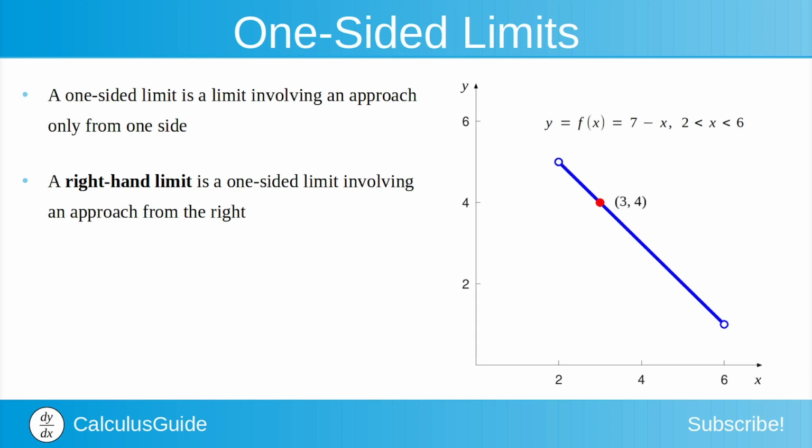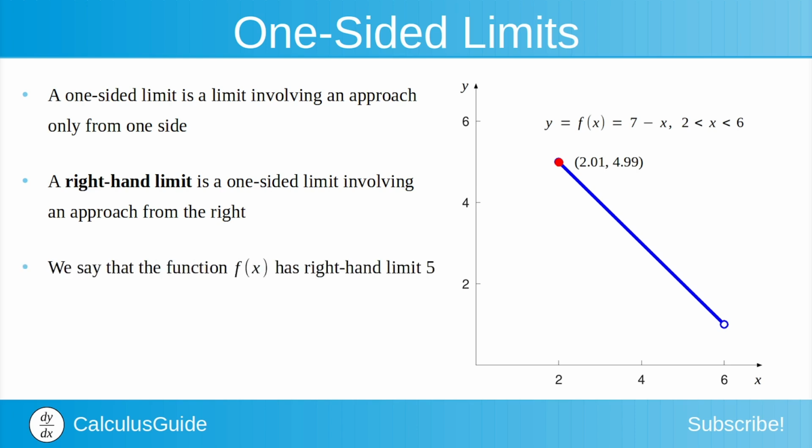As x approaches 2 from the positive side of 2, through values greater than 2, the value of f of x approaches 5. We say that the function f of x has right-hand limit 5 at x is equal to 2.